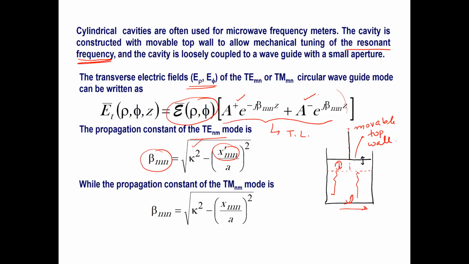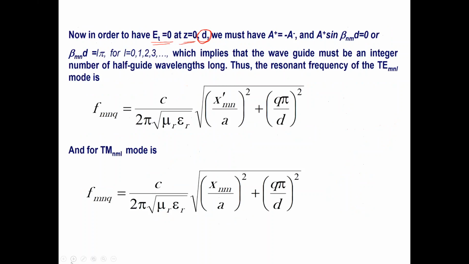So a plus and a minus have to be exactly the same, which is basically saying that these conductors are acting like short circuits with respect to your transmission line analogy. The value was -1, the reflection coefficient was -1.